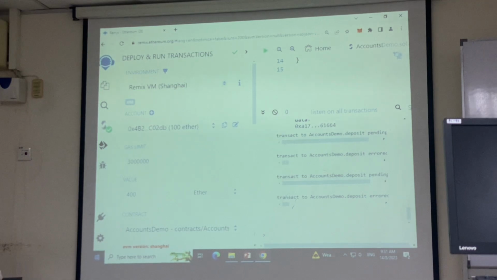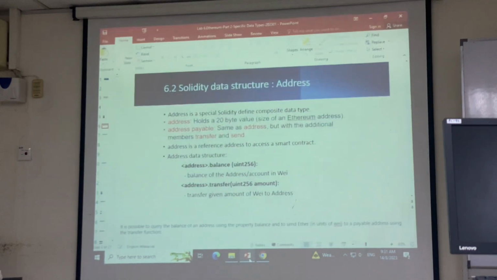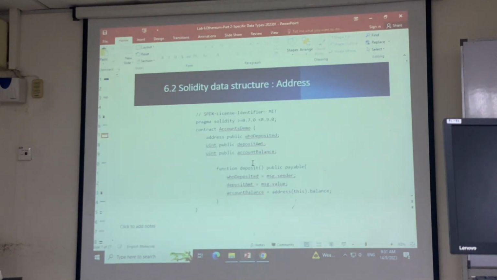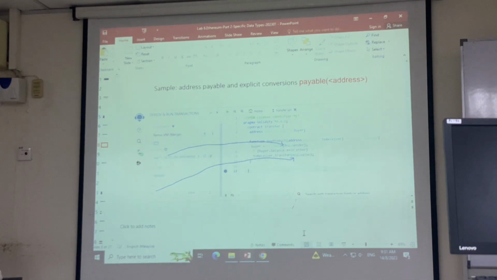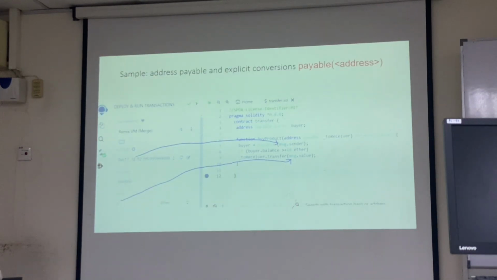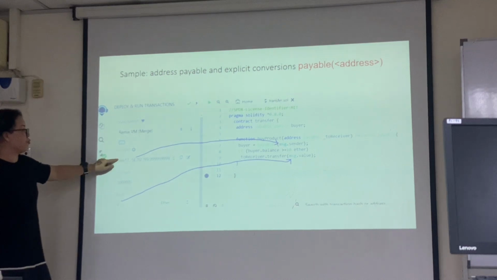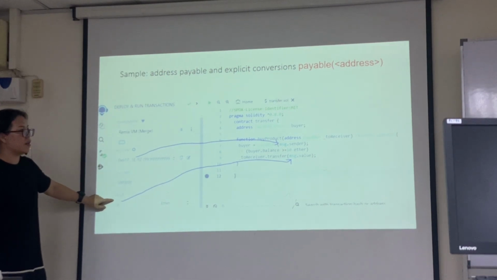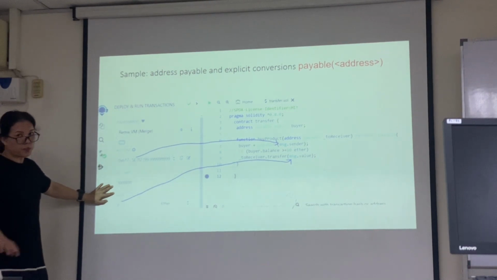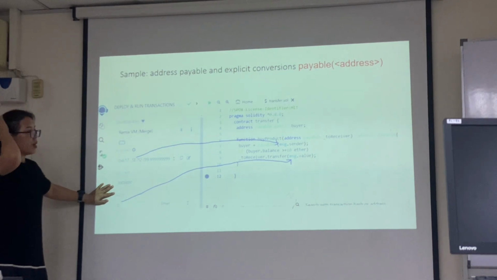So now moving on. This is the slide telling you msg.sender refers to your account, and msg.value from here. Same thing from the front end also, we are using that.